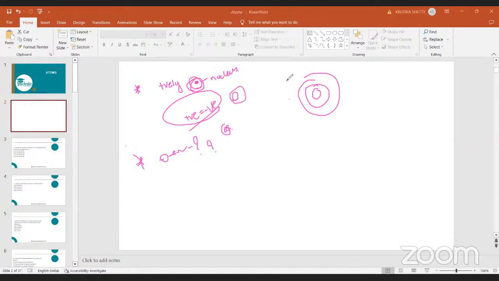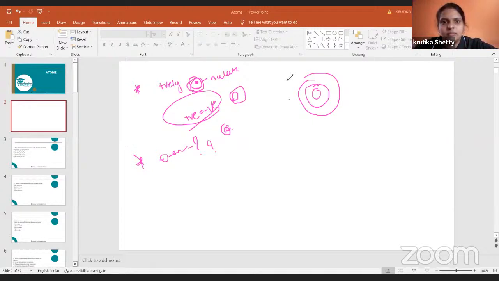In the chat box you can tell your answers. Rakshita, Shilpa, Harshita, everyone has given the answer.